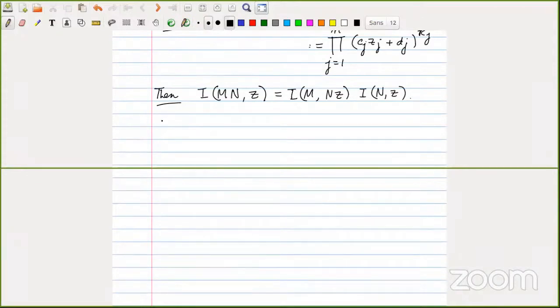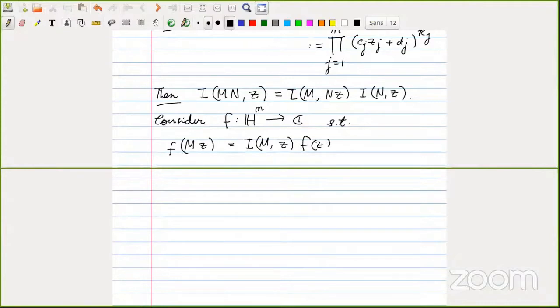So now I can look at a function f from H^n to C. I'm using the definition which is exactly as in the case of elliptic modular forms, such that f of MZ is equal to J of M, Z, which is the automorphy factor, times f of Z, and this is for all M.